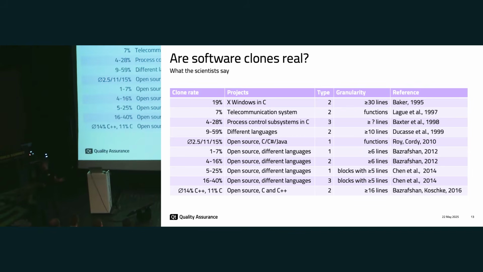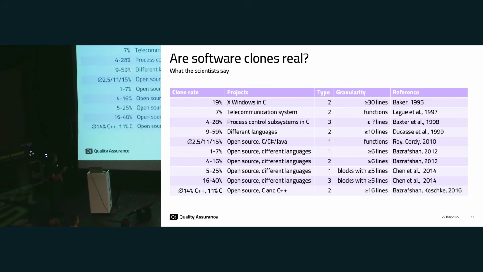Some of them looked only into complete functions, some of them at the line level. And then they used different lengths, 30 lines, 10, and so forth. And you see there are many, many differences. Nevertheless, all of them showed clones exist, even for type 1 clones. So all of them hint in the same direction, even though you might not directly compare them.